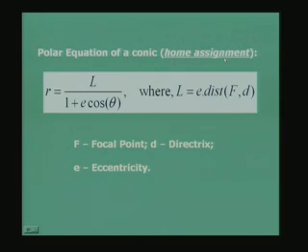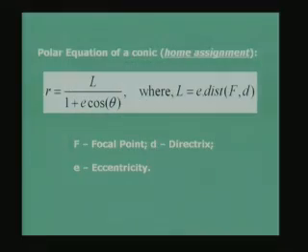The polar equation of a conic given in this particular form or theta form, where L is the distance of eccentricity E multiplied by the distance between the points F and D. Focal point F, F is the focal point, D is the directrix, D is a point on the x axis, so you know that, and so F comma D distance is what is L, and so this is the result which I want you to derive, L divided by 1 plus E cos theta.